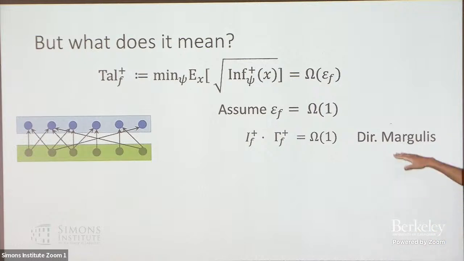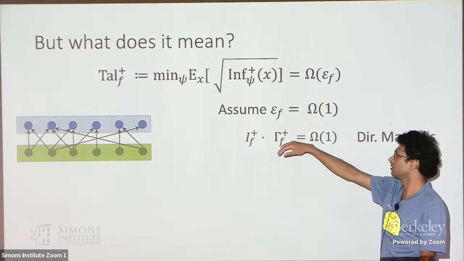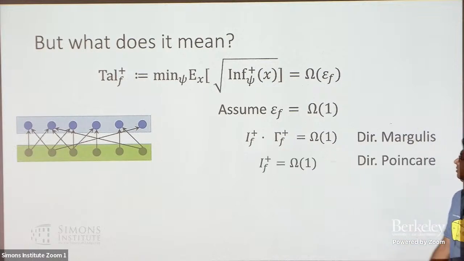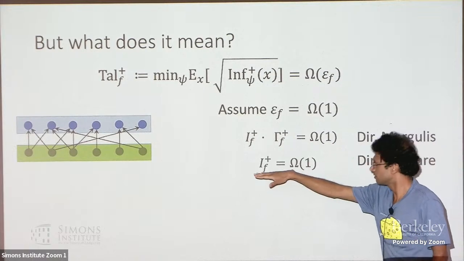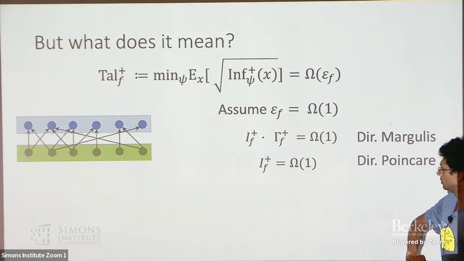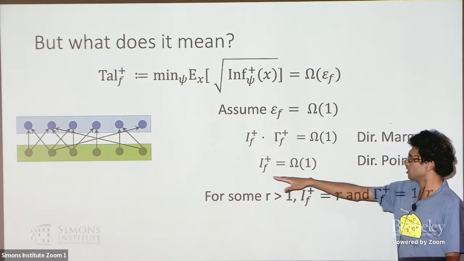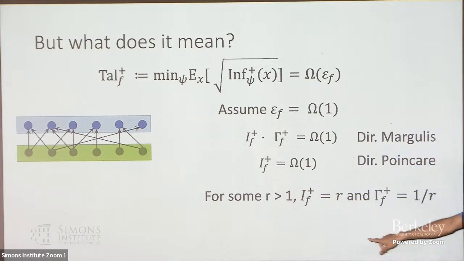So what do we know? By directed Margulis, we know that the edge boundary times the vertex boundary is omega 1. We also know that the edge boundary is omega 1. So roughly what this means is there exists some r greater than 1, ignoring constants. So the influence is r, and this vertex boundary is 1 over r, because the product is 1.